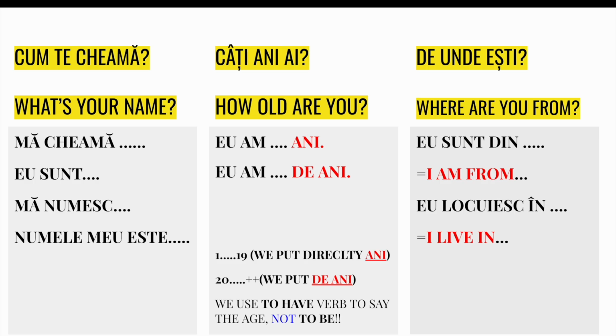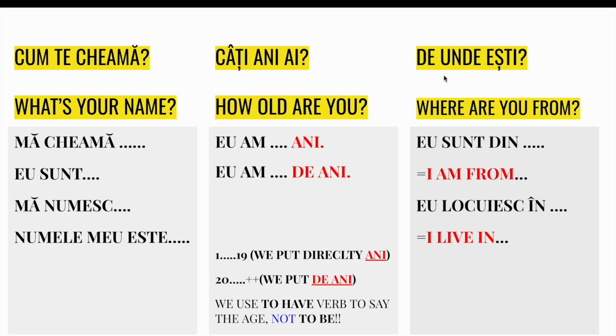And then if you want to say 30 cars, you will say "30 de mașini." So you first say "eu am patru mașini," and then "eu am 30 de mașini." I have 30 cars. So the rule is applying to everything.